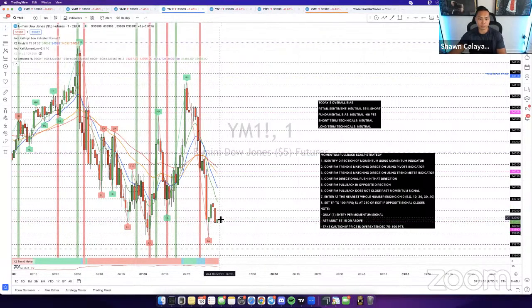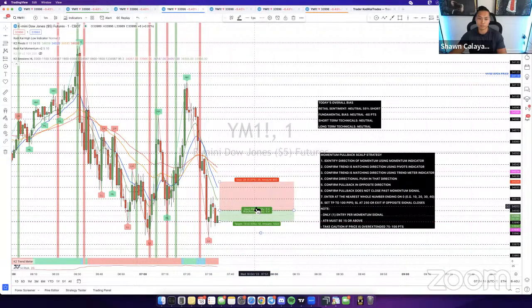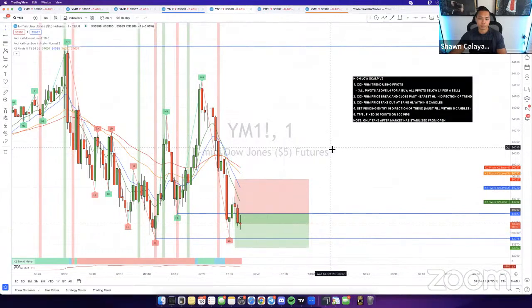I'd probably look for the next one to come up. So if this pulls up right here, short position to be right there at the 0, 0 mark. All right, high-low scalp V2 is currently running in profit.